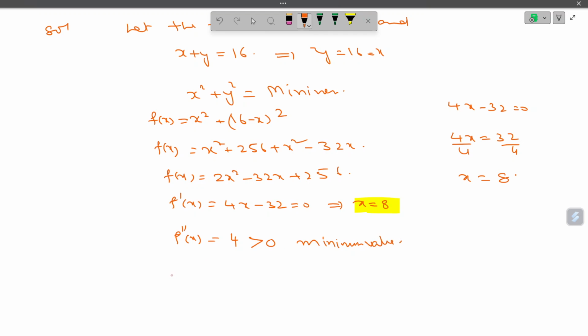So minimum value when x equal to 8. x plus y equal to 16, so if x equal to 8, y is also 8. So both numbers are equal. When the two numbers are equal, the value will be minimum. x square plus y square will be minimum when both the numbers are equal.